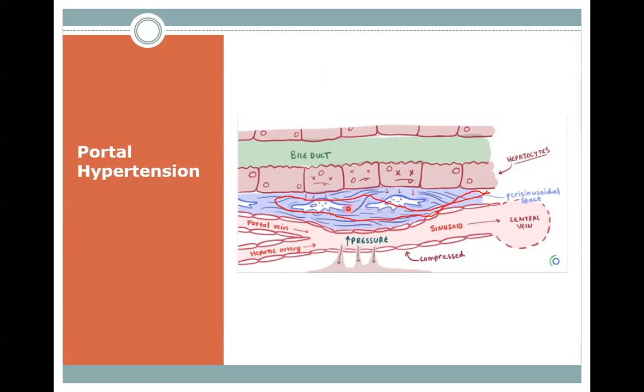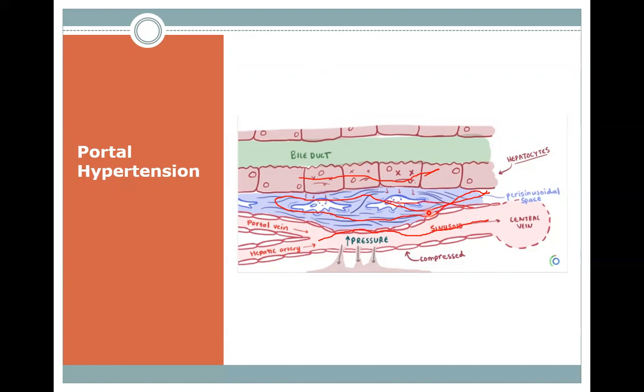And as a result of that fact, you will see that there is a free movement of blood and also of nutrients, bilateral free movement of blood and nutrients between the hepatic cord and the sinusoid. Now, let's say that there is some kind of injury that resulted in fibrosis.